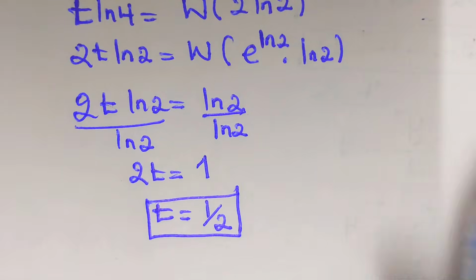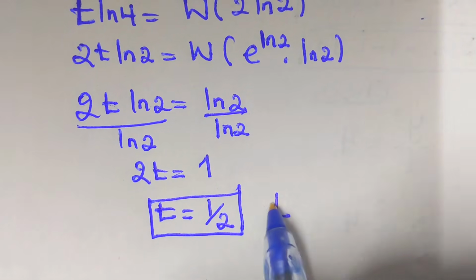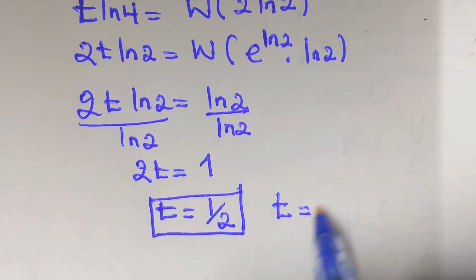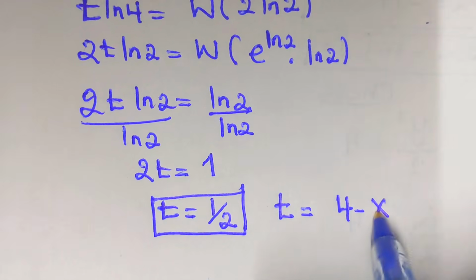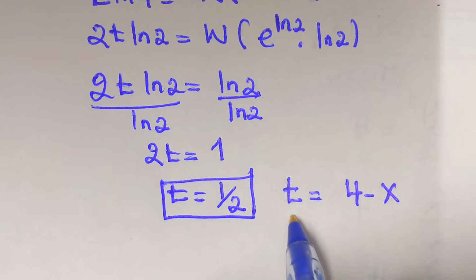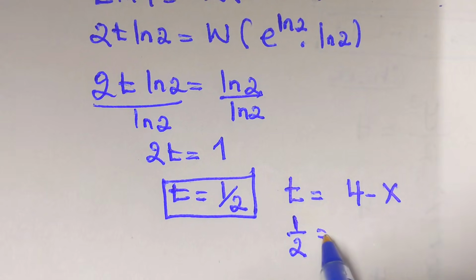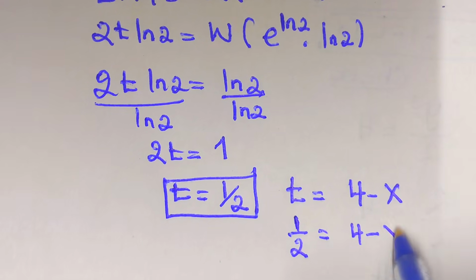Here we have said that t equals 4 minus x, and we have 1 over 2 equals 4 minus x.